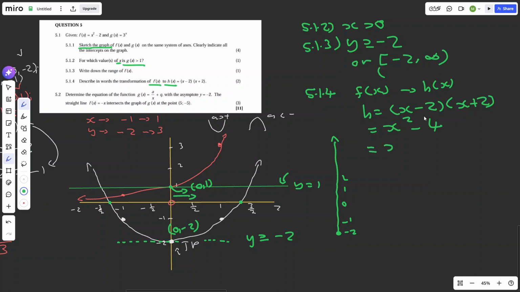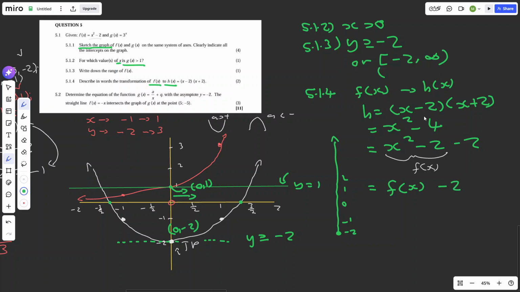If we break it down, it's going to be x squared minus 2 minus 2. What I'm doing here is I just want to represent it in terms of f of x. So that bit there is f of x, because our function f of x is defined as x squared minus 2. So now if we write this in terms of f of x, we get f of x minus 2.